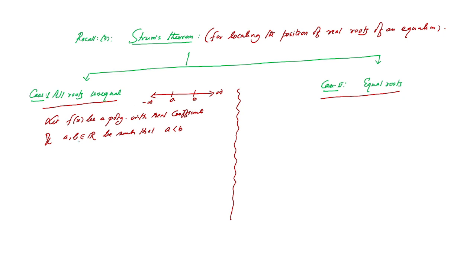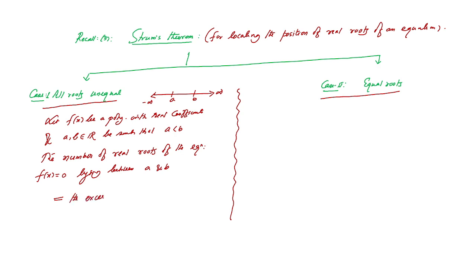Then the number of real roots of the equation f(x) equals 0 lying between a and b is equal to the excess of the number of changes of sign in the sequence of Sturm functions.